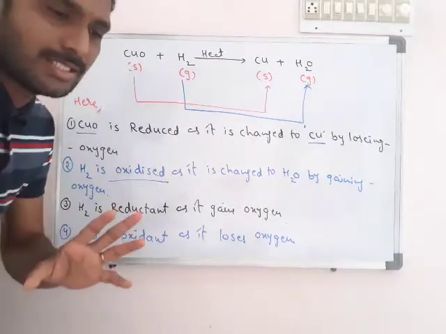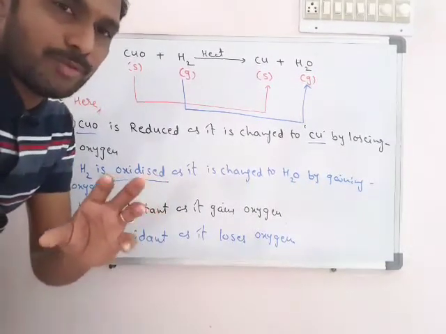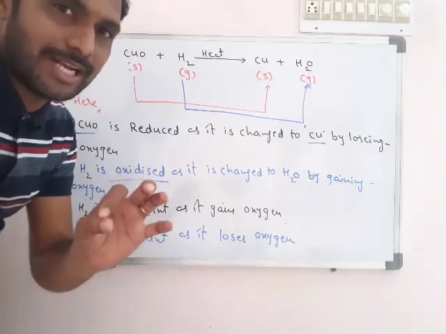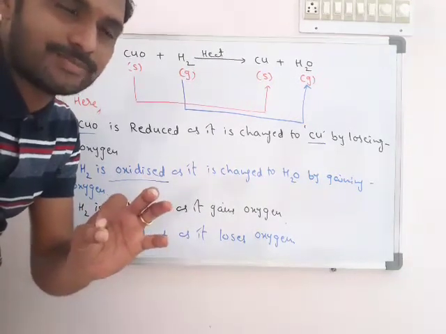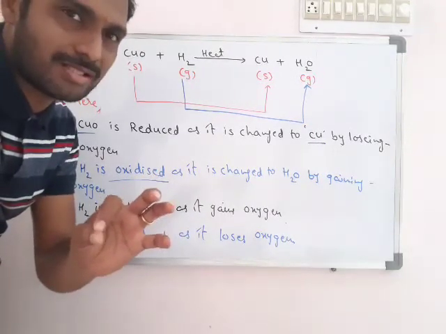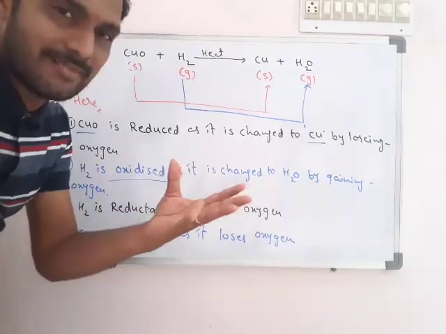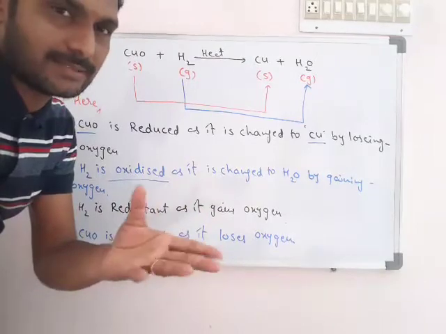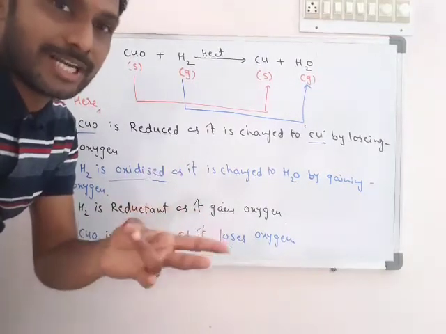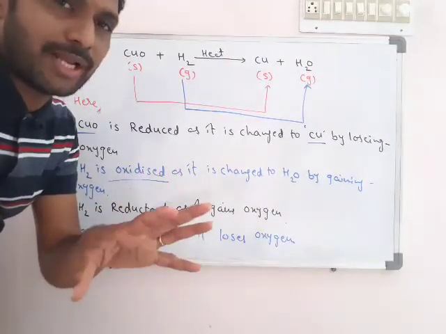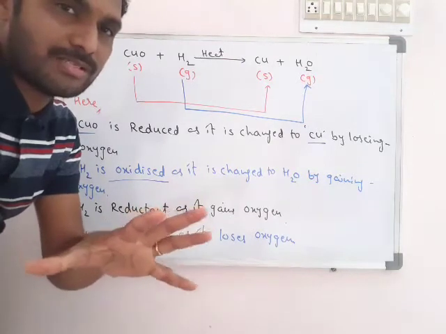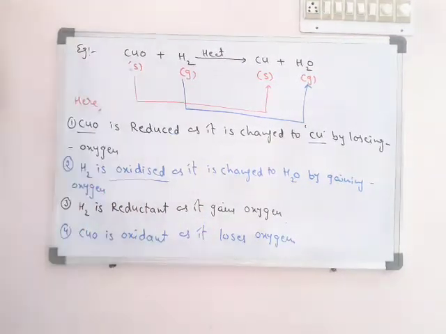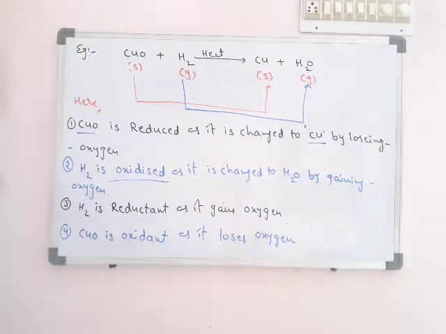Okay, means we must observe perfectly which is oxidized and which is reduced. That's very important. In maximum questions, a reaction is given and they ask which is oxidant, which is oxidized, which is reductant and which is reduced. So we need to identify which element or which species is oxidized and reduced. Okay, so write them.